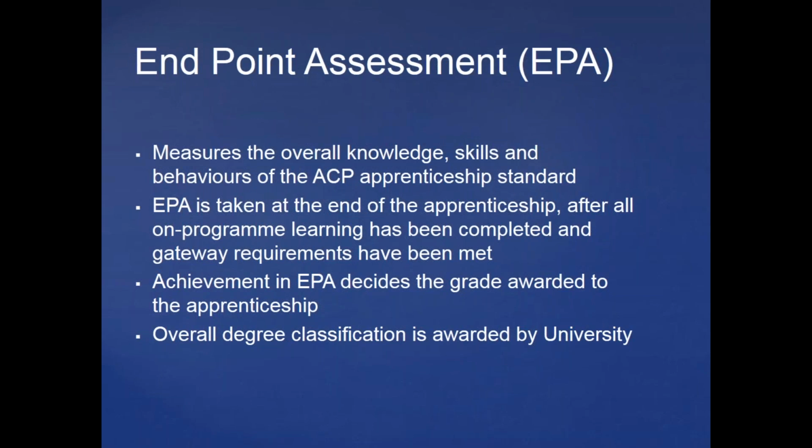And the achievement in the EPA, in the endpoint assessment, decides the grade that is awarded to the apprenticeship. It doesn't decide the overall degree classification, because that's awarded by the university, but the endpoint assessment has grades attached to it, and in that 20 credits, the actual grade that will be awarded for the separate apprenticeship will be decided.